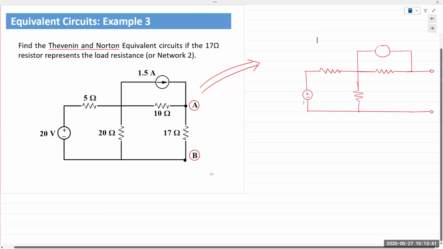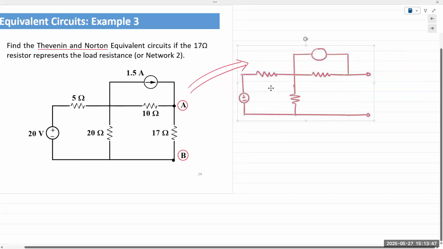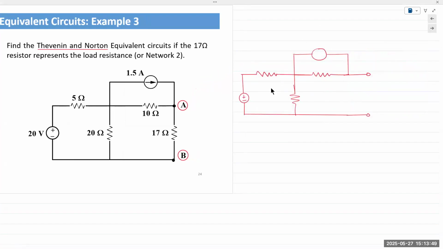Okay. This is going to be A. This is going to be B. 17 ohm is not part of the analysis. 5 ohm, 20 ohm, 10 ohm.